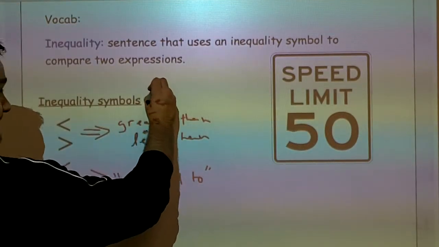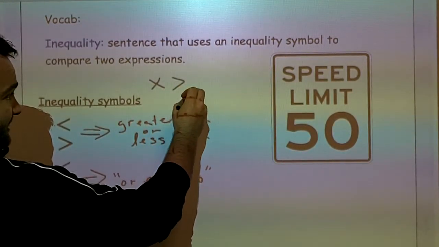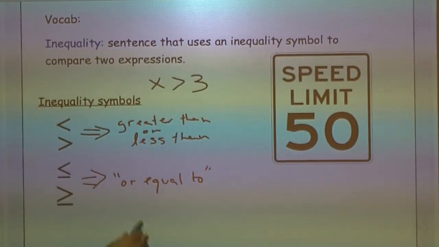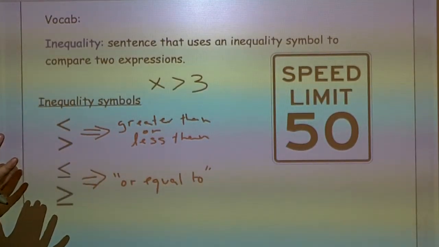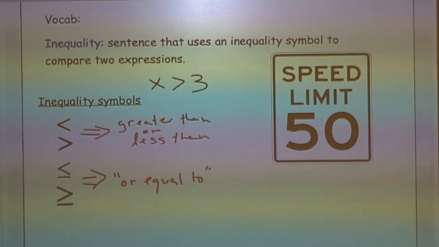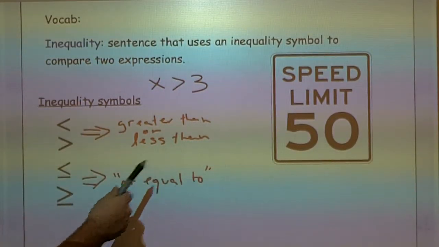So if we said x, this symbol, and a 3, that would be x is greater than 3. Since the alligator always eats the bigger number, the opening of the inequality symbol is going to say greater than or less than. Our second set just adds the "or equal to," otherwise it's basically the same idea with our inequality symbols.